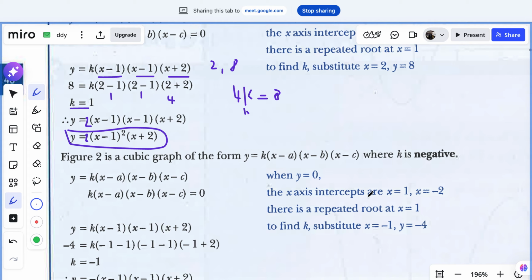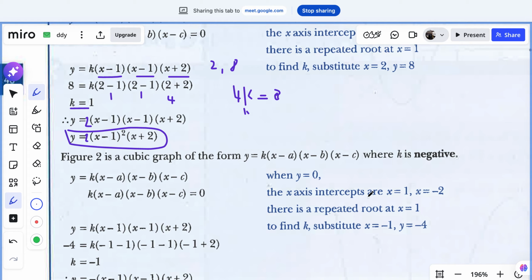We put the value of y, which is negative 4, here. And we substitute the value of x, which is negative 1, into this equation we've got. So that's what we do. Where's negative 4? Here, this place. You know this is the coordinate point we've chosen.